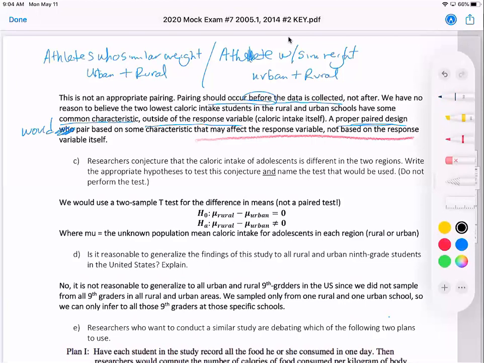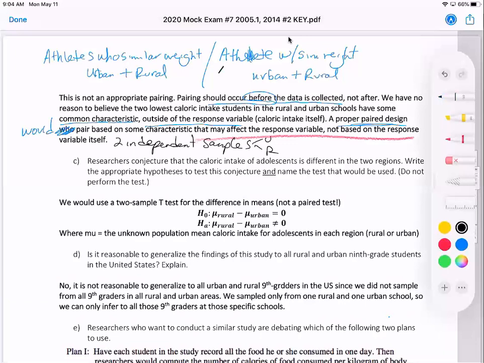There was a question on the AP exam, not this one, but I kind of got this idea from another AP exam question. So it's definitely something that could be asked. Is the pairing appropriate? You could also say, I didn't include it here, but you could also say that we have 2 independent samples. We have the one from the urban and one from rural.